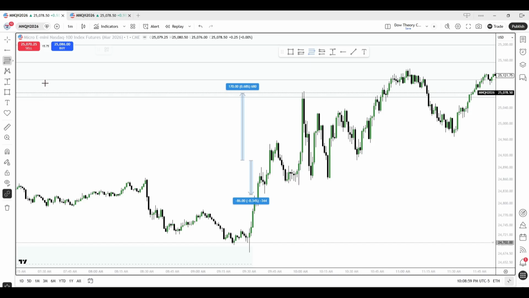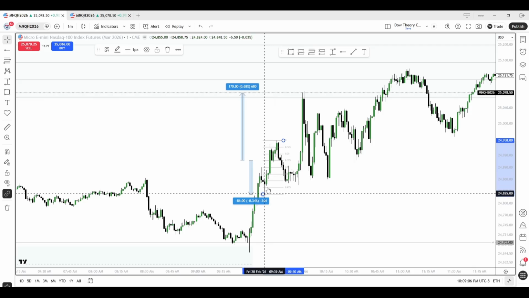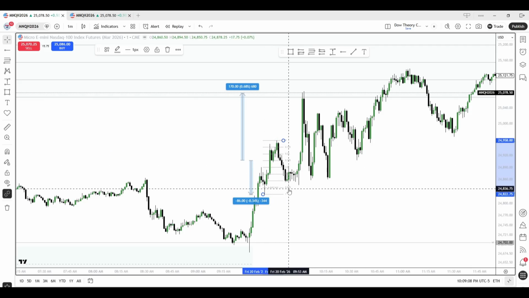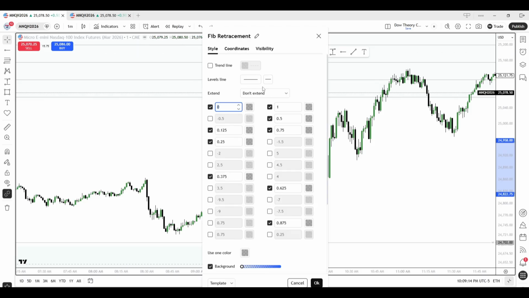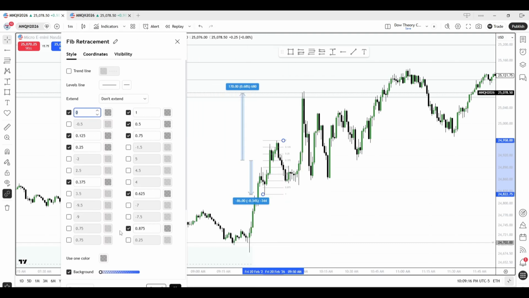Also, you see me bring out my fib, and you see me do a standard deviation of the actual range. So what I did was I took the low and the high of the range that I'm entering, and I wanted to find out where we lay if we were to get a standard deviation. A standard deviation is just a -1.